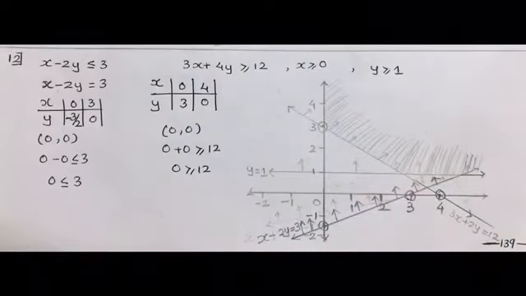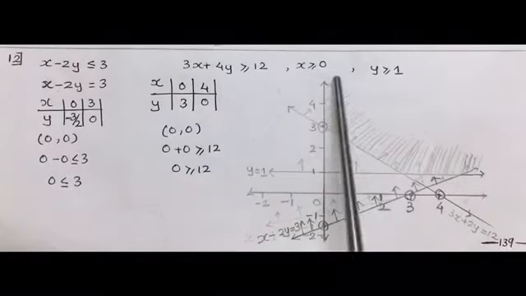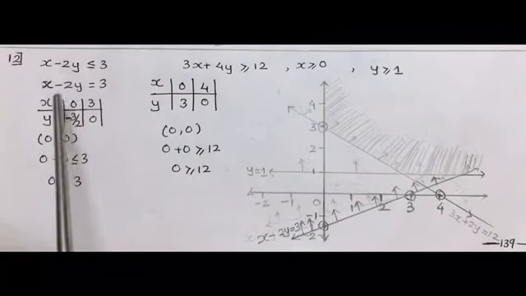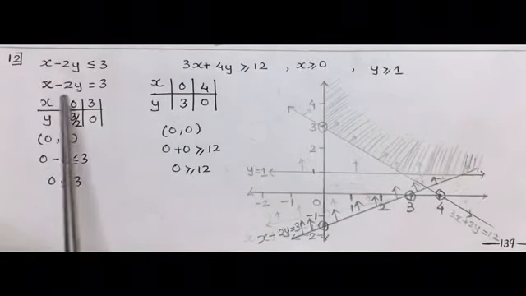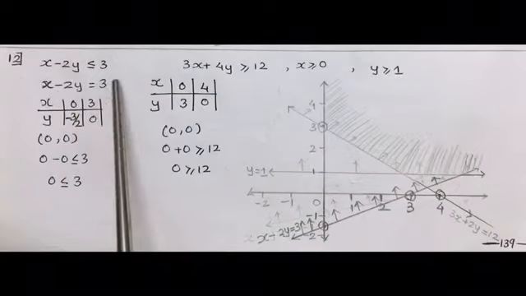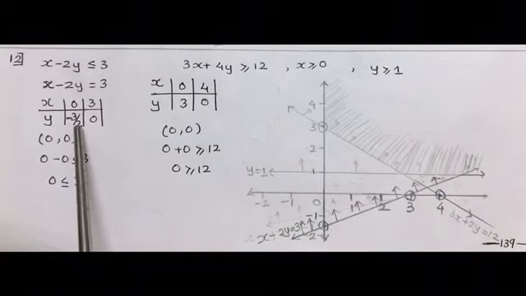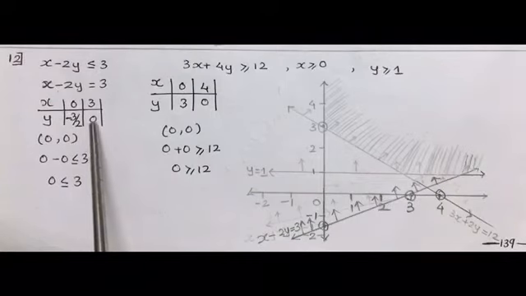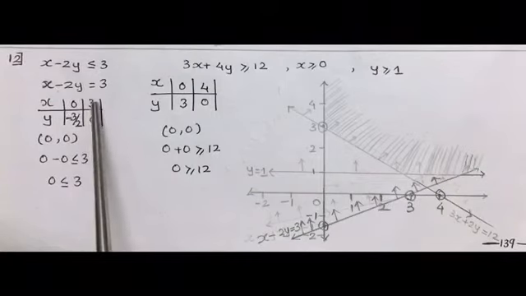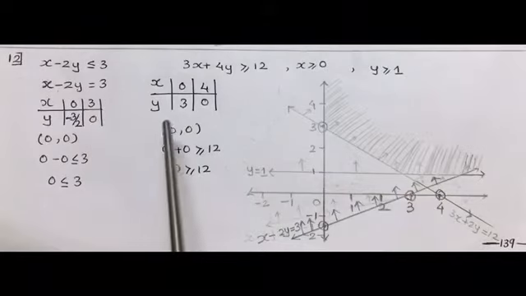12th one, there are a total of 4 inequalities given. The first one is x minus 2y less than or equal to 3. Taking x as 0, the y value will be minus 3 by 2. Taking y as 0, x will be equal to 3.